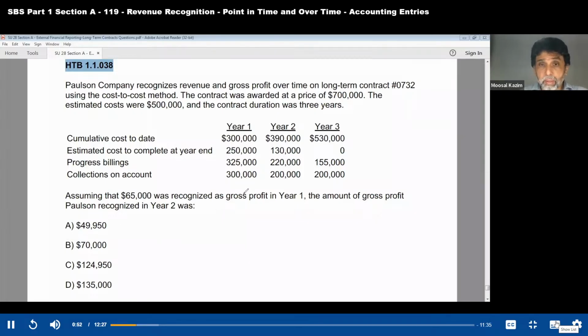Now, with the help of this question, I will show you the special kind of accounting entries to account for project over time. What will the balance sheet show? We will show how to prepare the income statement, the balance sheet, and the accounting entries for that, and certain accounts as well. So first of all, let us say they're starting the project now, right?